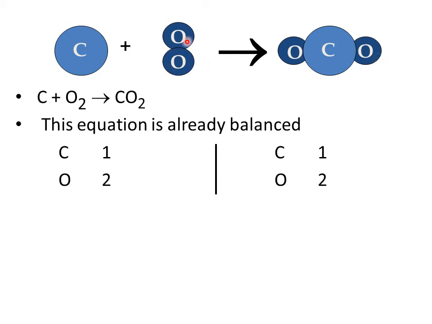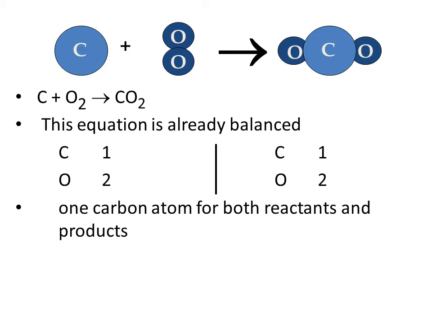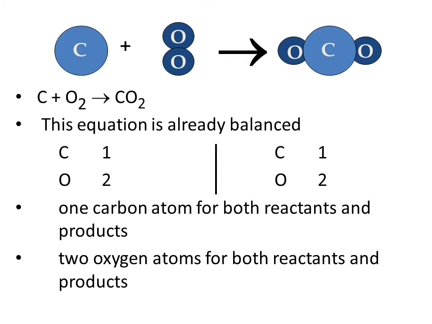In the beginning, we had an oxygen molecule, 2 oxygens bonded together. And on our product side, after the reaction occurs, they are now bonded with the carbon atom to make carbon dioxide. But in both cases, we have 1 carbon atom on both sides, just like we showed in our table. And we have 2 oxygens for both the reactants and products, just like we showed in the table here or in the visual picture of the reaction taking place.